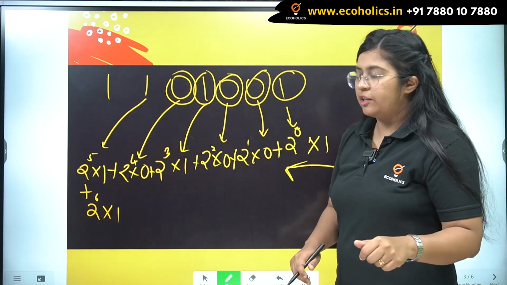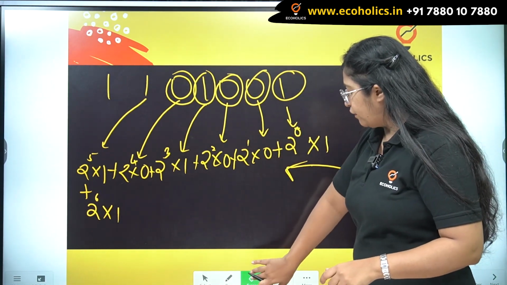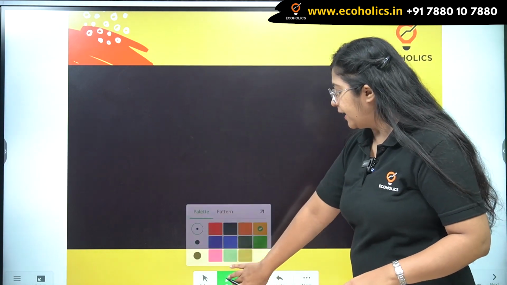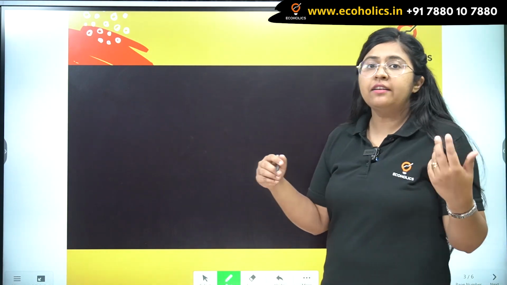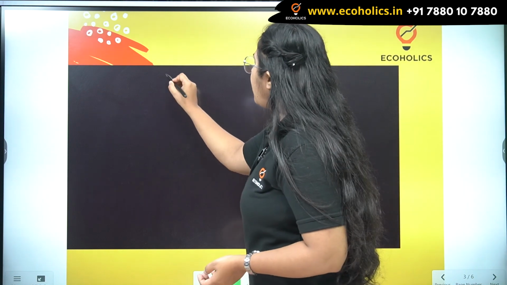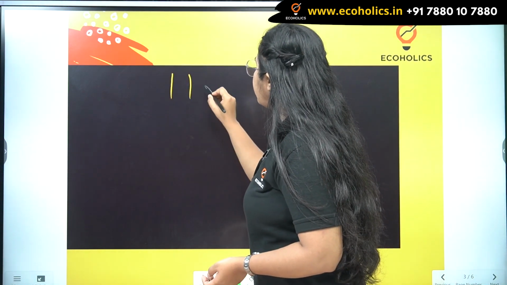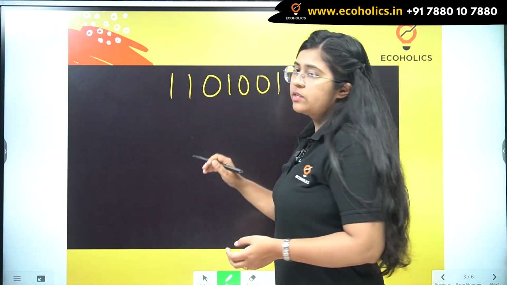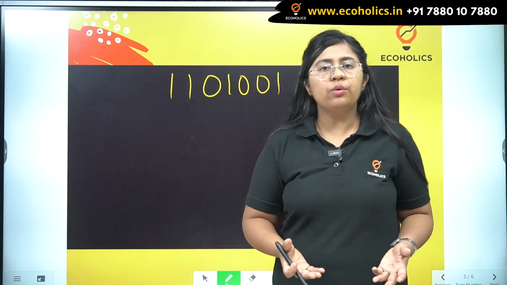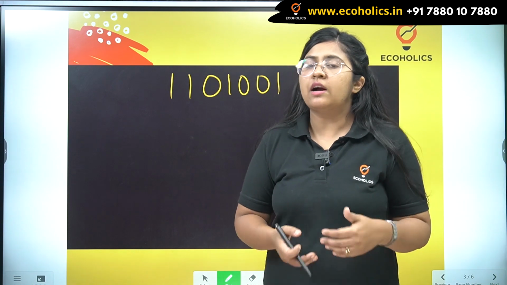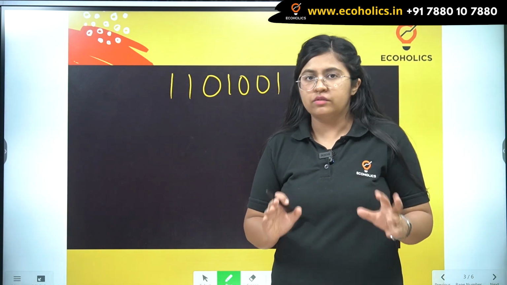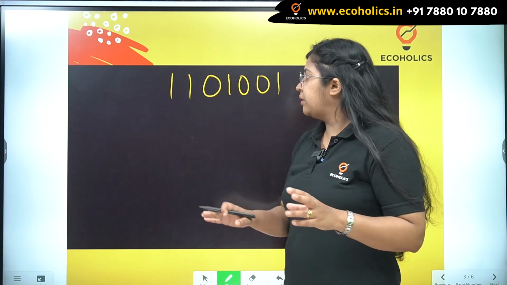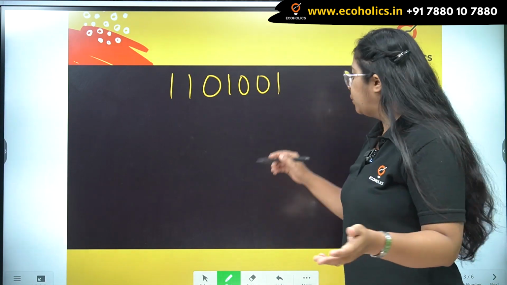Now comes the calculation. Let's first erase all of this and start converting again. Our original number was 1101001. You all know that anything multiplied by 0 is ultimately going to give a result of 0 only. So what shortcut can you use?